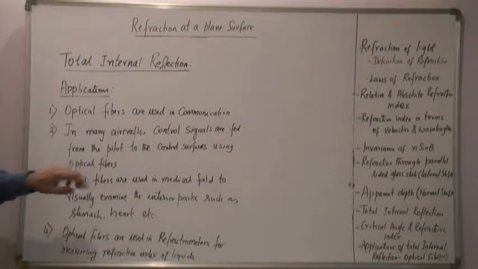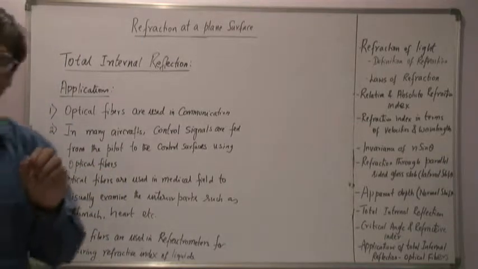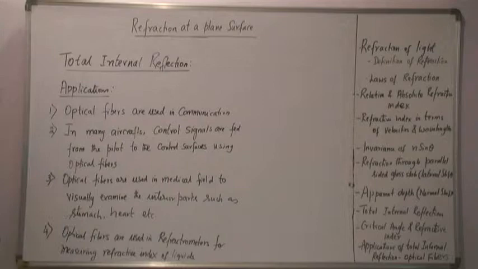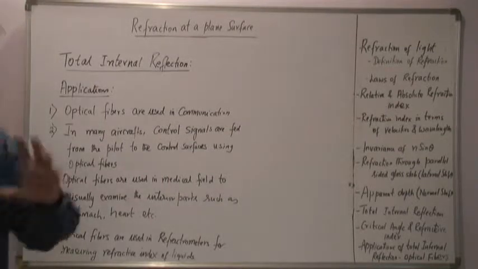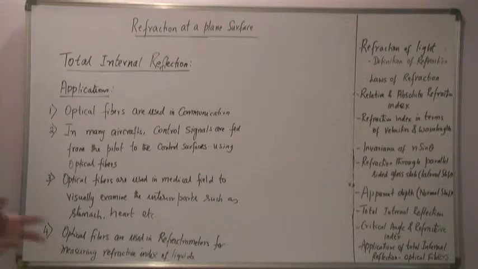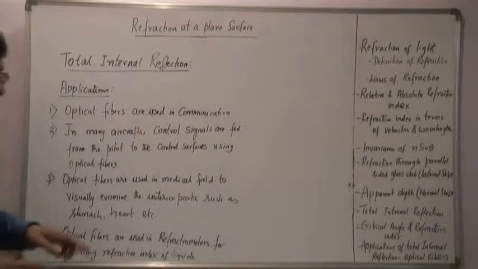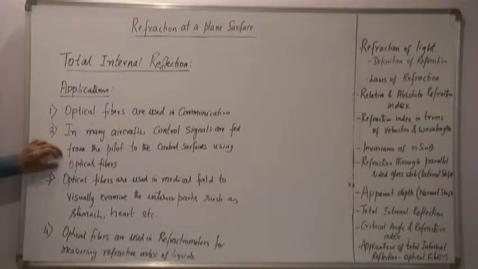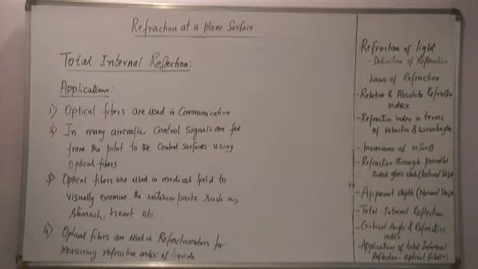The advantage here is that when optical fibers carry information, the information is not distorted by external factors such as an external magnetic field or external electric field. That is the reason we use optical fibers in such communication purposes.